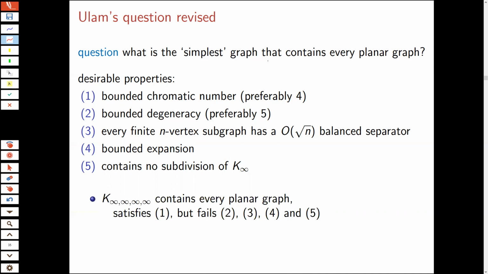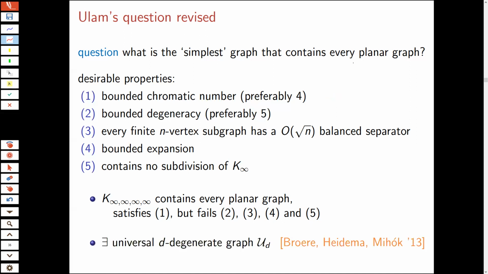So this complete four-partite graph definitely contains every planar graph. It obviously satisfies one, but it fails all the other properties. It has unbounded degeneracy, definitely no separators, no bounded expansion, and it definitely contains a subdivision of an infinite complete graph. So it fails most of our properties, so that's no good for us.